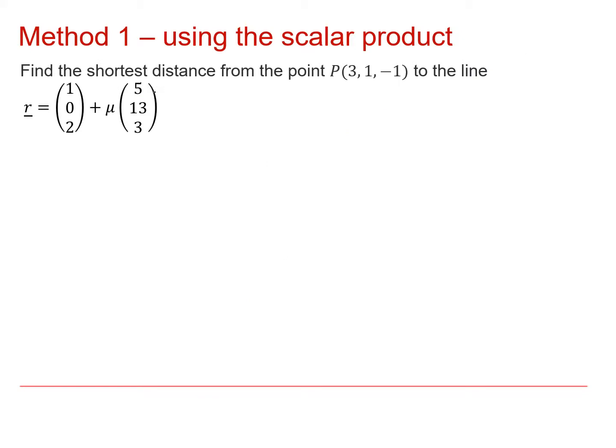It's better to look at this with an example, so let's have a look at this one. So the first thing is to establish a general point on the line. So OX, the position vector of a general point on the line, will be (1 plus 5 mu, 13 mu, 2 plus 3 mu).